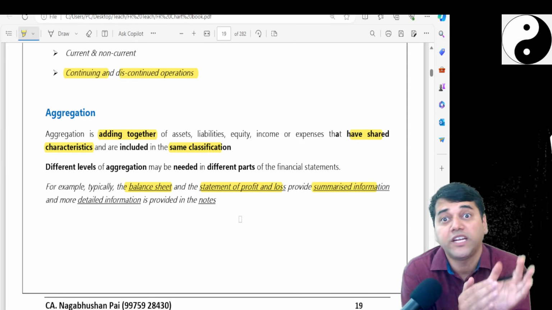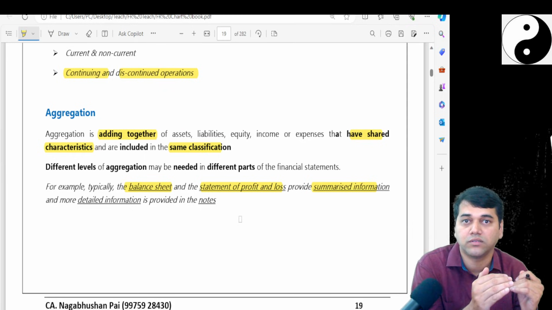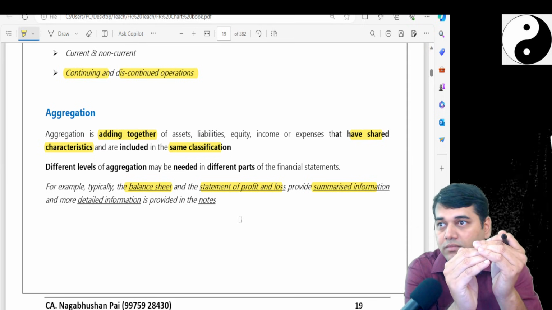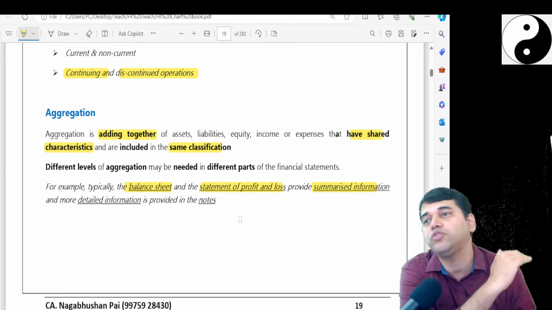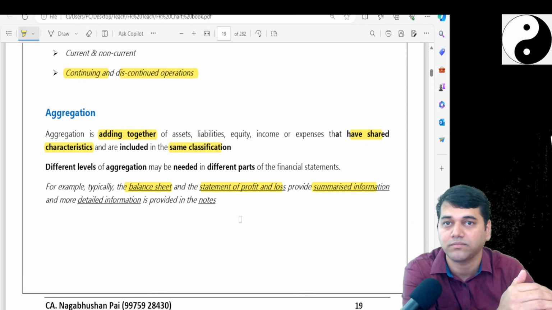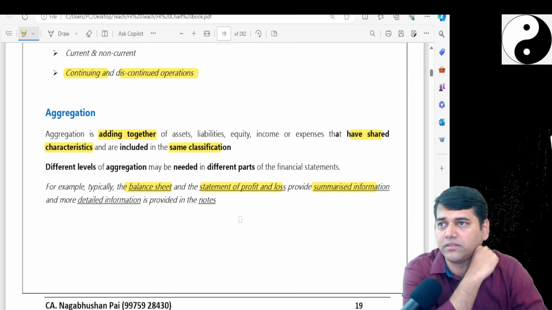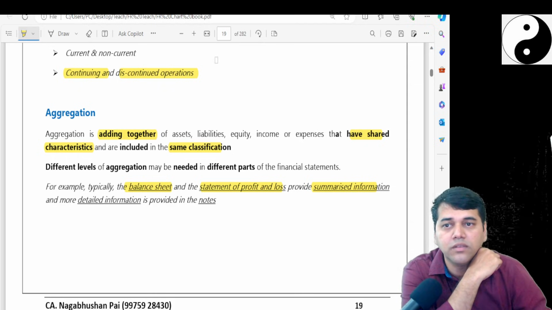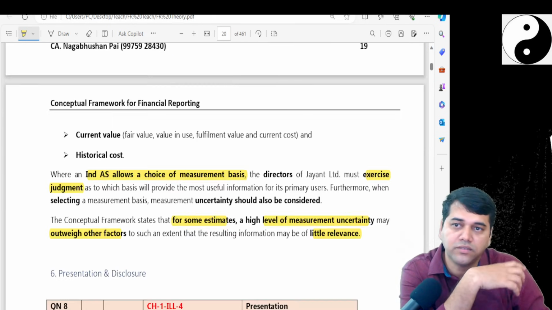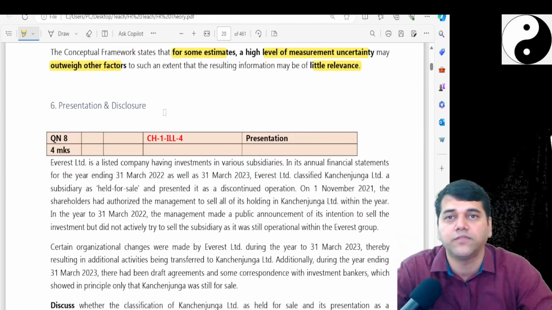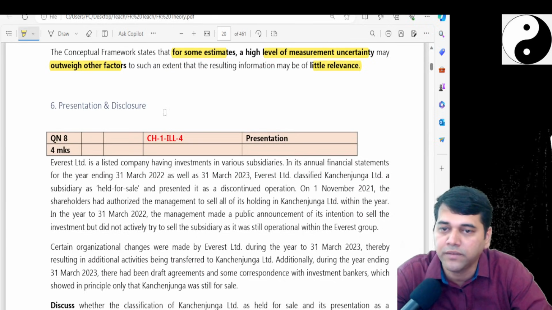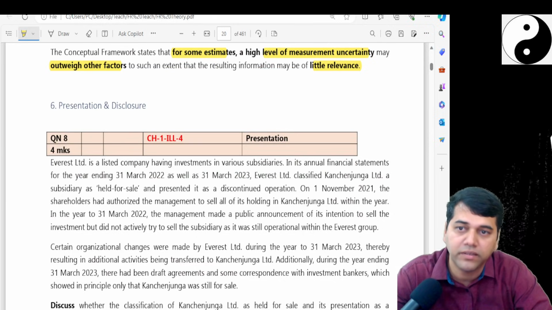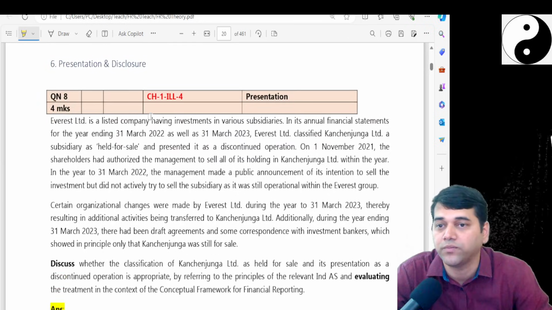Like provision for warranty cost, it's not added into provisions. You give it as a separate item. Then all other provisions, you add together and say other current assets, other provisions, other current liabilities. Are you clear? Now, yes, with this, all the questions on the first part of the conceptual framework will be done. You read how the presentation-related questions they may ask you.